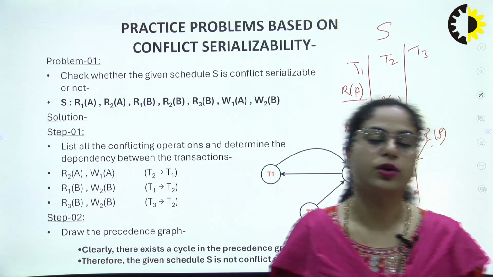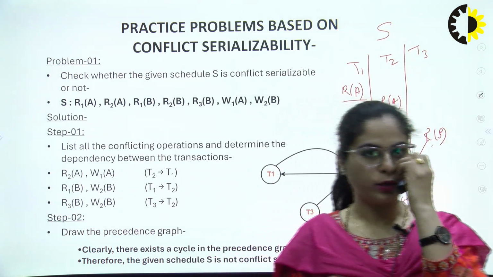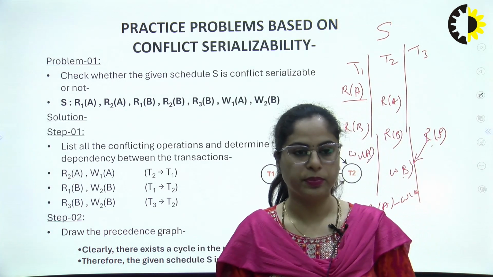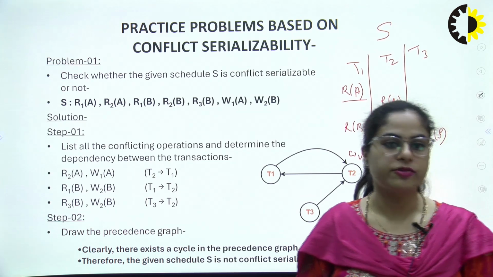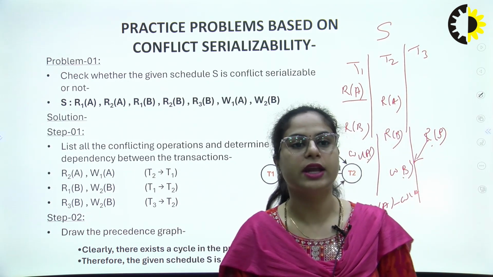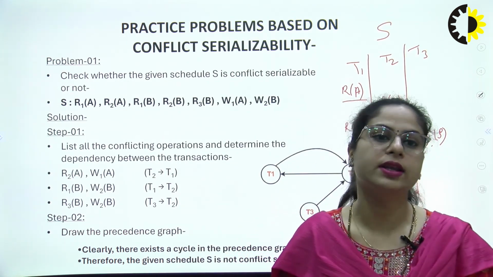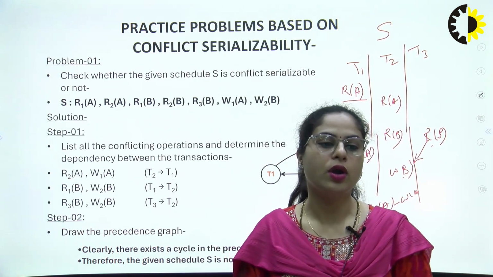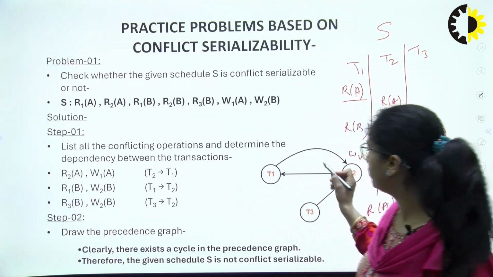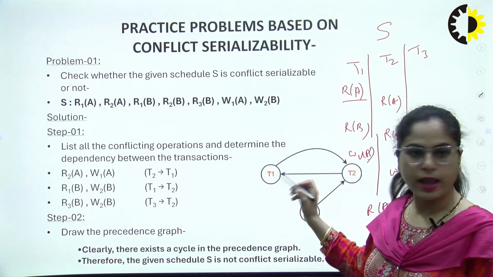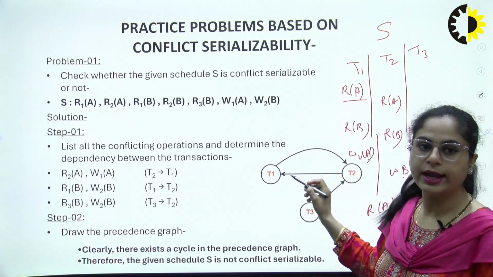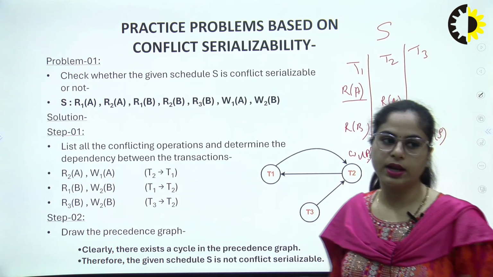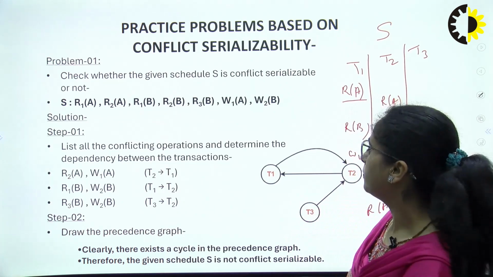In the previous video, I told you that if the precedence graph has a cycle, that means the schedule is a non-conflict serializable schedule. And if the precedence graph does not have any cycle, that means the schedule is a serializable schedule.